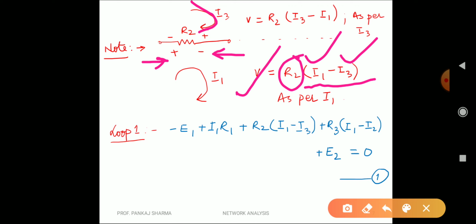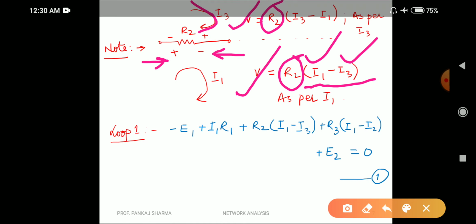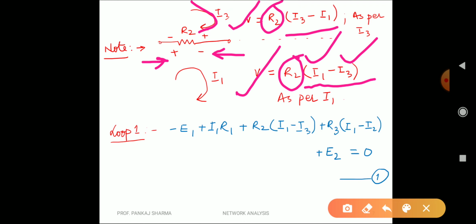When you are working at the upper portion or in mesh number 2, the sign convention assigned for this will be dominating. That is, V is equal to R into I, that is R2 into I3 minus I1.